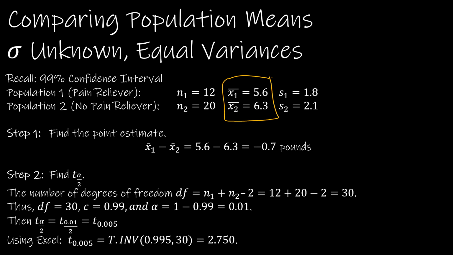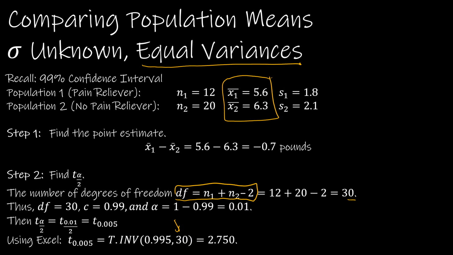Step 2, find that critical value. So remember, the degrees of freedom here is calculated differently because the variances are considered equal, we're going to take n1 plus n2 minus 2. And in this case, that's going to give us 30. And that's just going to change our critical value, because if our degrees of freedom is 30, that just means when we use Excel, or if you're using a t-table, that's fine too, you're looking for 30 degrees of freedom.